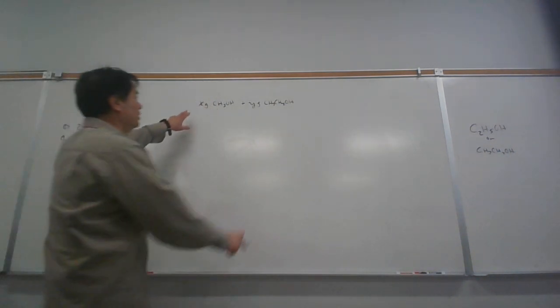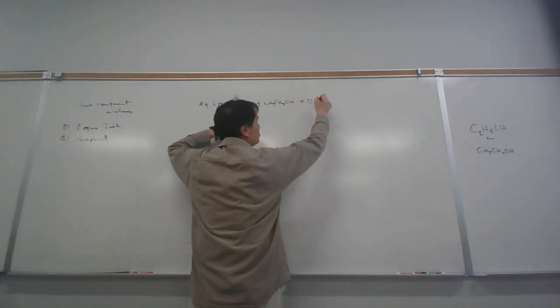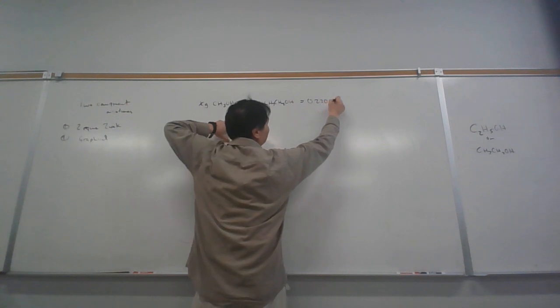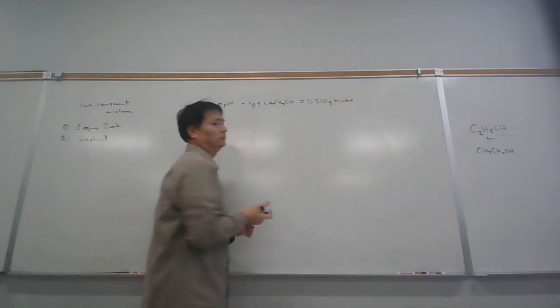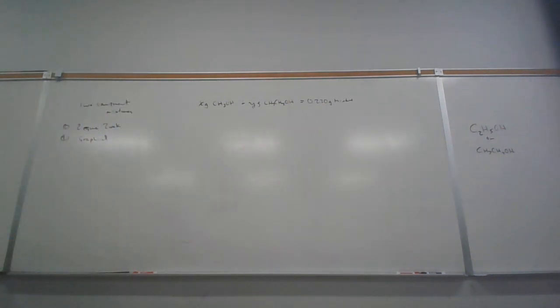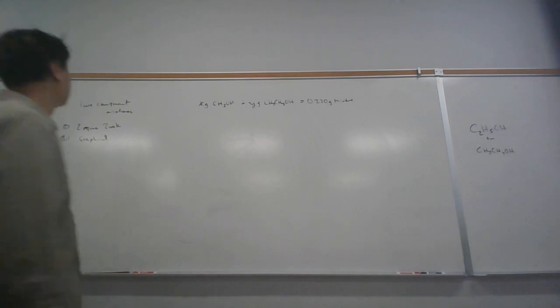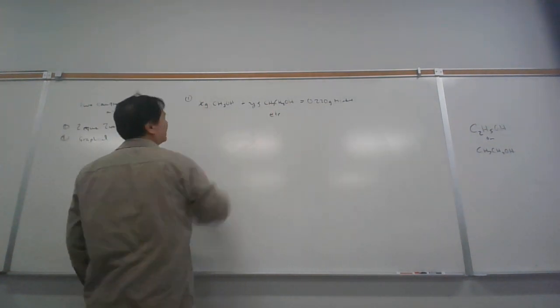So we don't know what X and Y are, but we know that they have to total up to 0.220 grams of mixture. How much methanol, how much ethanol? We have two unknowns, so we have to come up with another equation. This is method one.